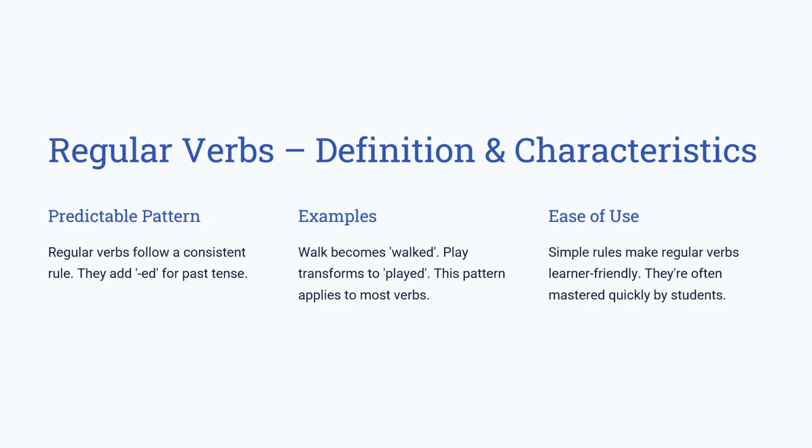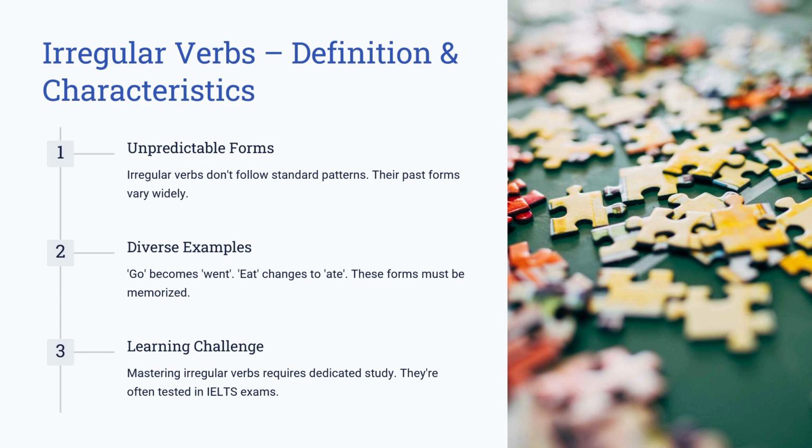In the next section, we're going to show how irregular verbs differ from this pattern and why they require more attention. Okay, so unlike regular verbs, irregular verbs don't follow a predictable pattern when forming the past tense or past participle. This makes them a bit more challenging to work with because the changes from the base form to the past tense and past participle can vary greatly. For example, the verb go changes to went in the past tense and gone as the past participle.